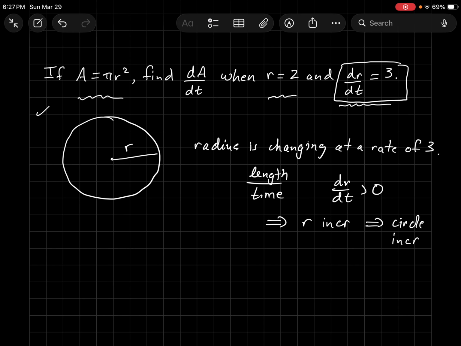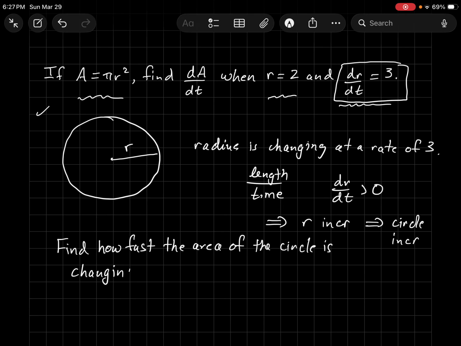I know mathematically we're finding dA/dt, but in words it would probably say something like this. Find how fast the area of the circle is changing. Now, at what point? Well, in this case, I didn't give you a time. I gave you a radius.